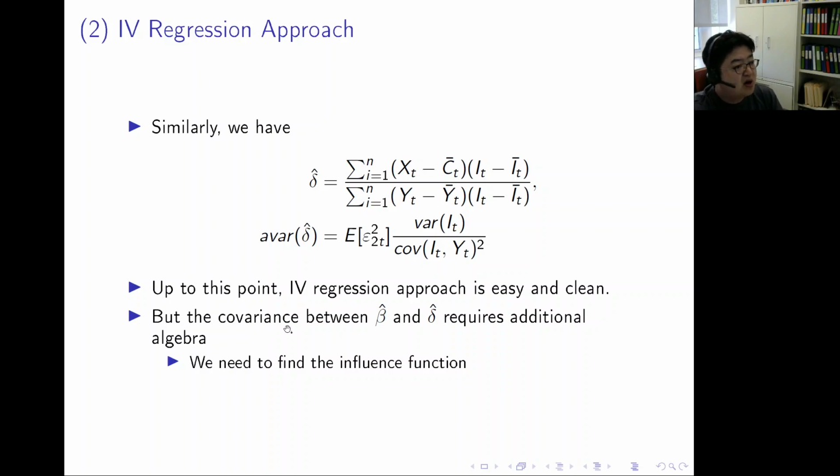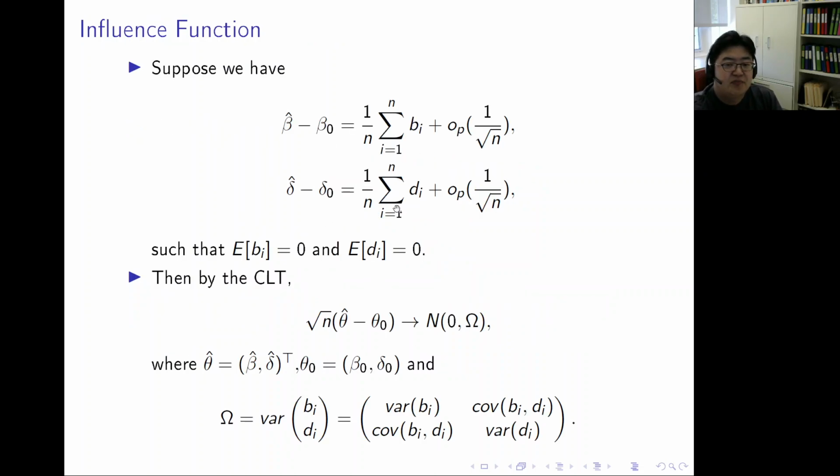Then I will show you how to do that. To do that, we are going to use the influence function of each estimator. To briefly review the influence function method, we would like to assume that beta hat minus beta 0, the estimation error in beta hat, takes this form: some average of something plus small op, an ignorable term.